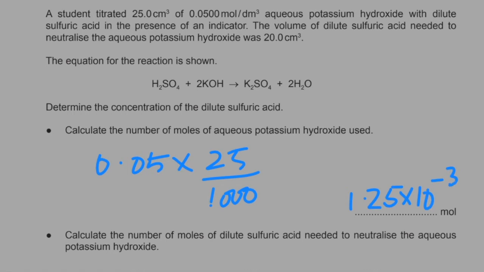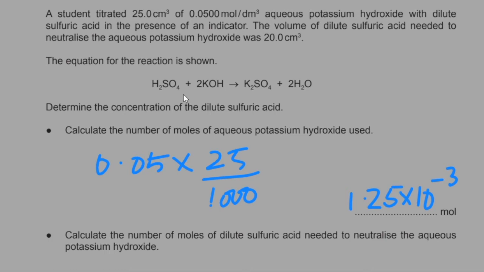Calculate the second part requires you to calculate the number of moles of dilute sulfuric acid needed to neutralize the aqueous potassium hydroxide. So the question only gives you the volume of acid, which is not enough to calculate the number of moles from the value. You can, however, use the value of moles calculated for potassium hydroxide to deduce the number of moles of the acid using the equation.